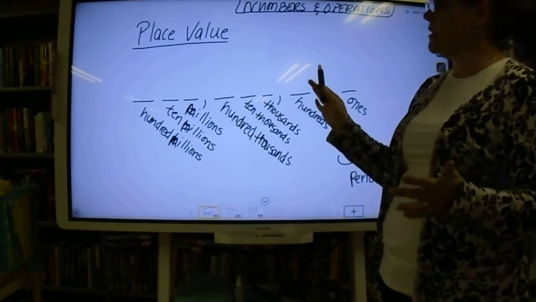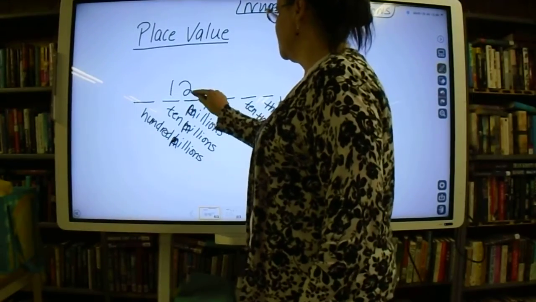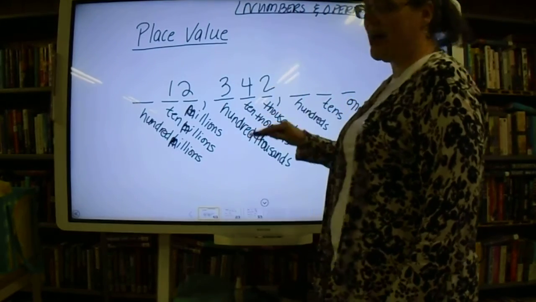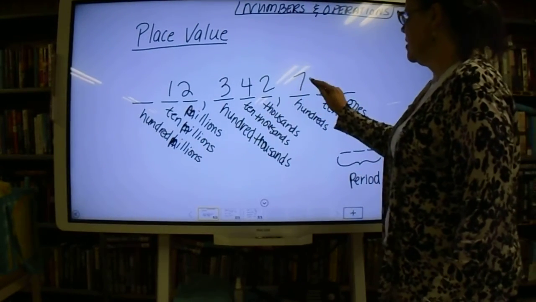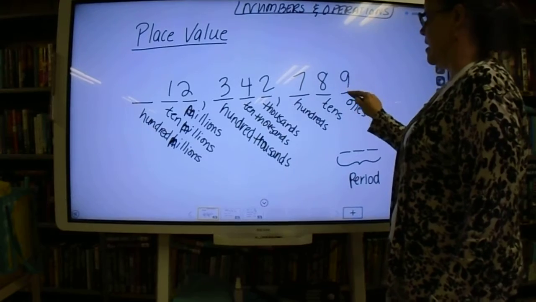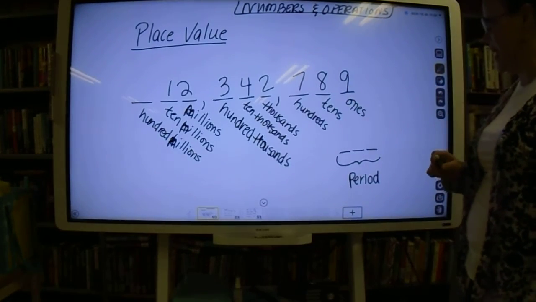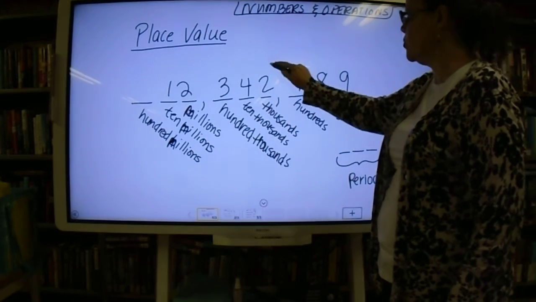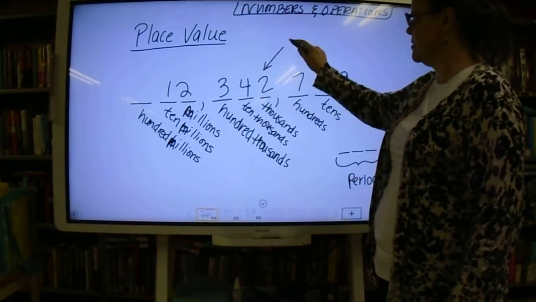So if I was to write a number of 12,342,789, because it's just the number that pops in my head, this is how you would say it. And you would say that the 2 is in the thousands place.